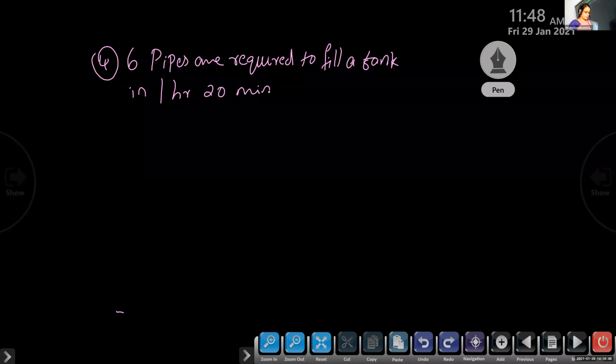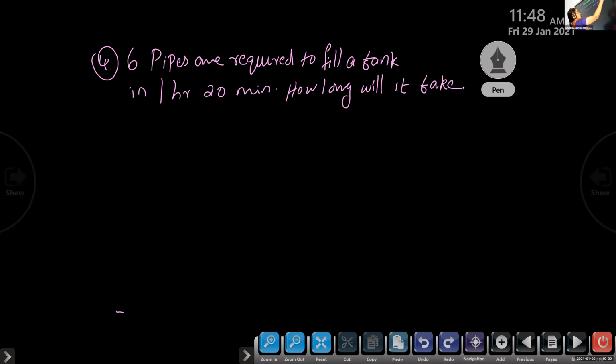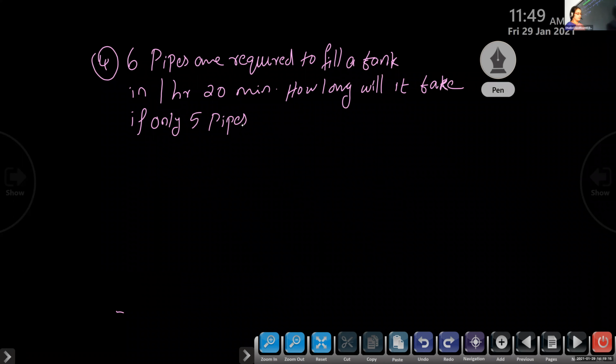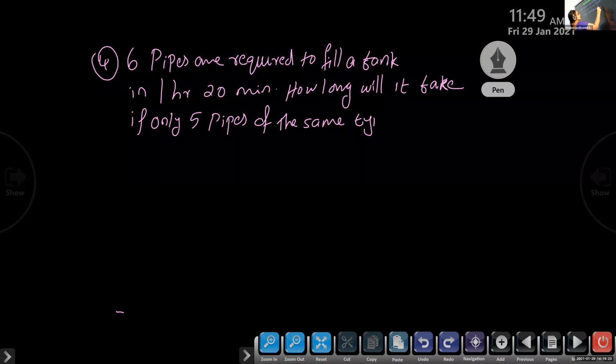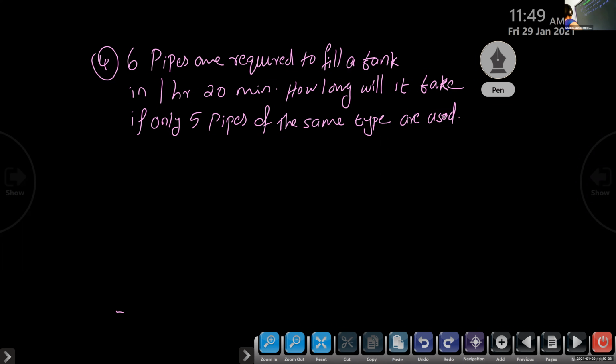How long will it take if only 5 pipes of the same type are used?